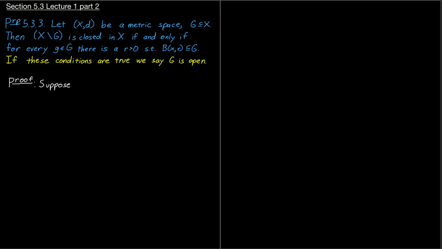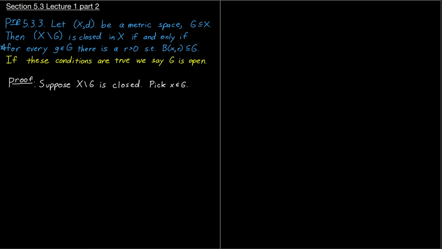So let's suppose that this complement is closed. And we're going to pick some point x in G. And what we're trying to do is prove that the stated condition, why don't I give it a name, we can call it condition star, is true.